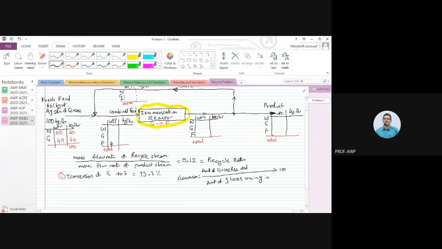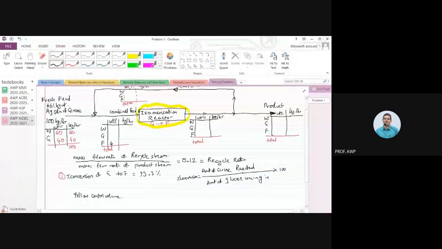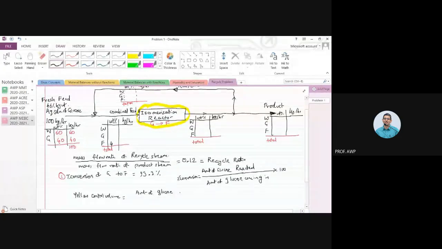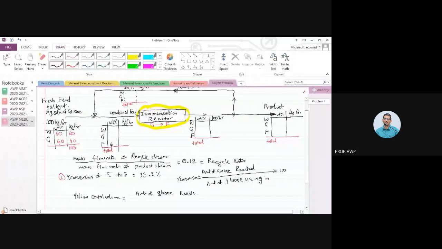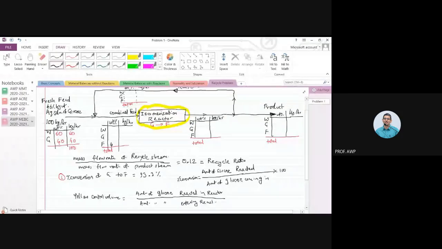Right now, we can define this percent conversion in two ways. One is if we take this yellow control volume, then it is the amount of glucose reacted in the reactor, because our control volume is over the reactor, divided by amount of glucose entering the reactor into 100.